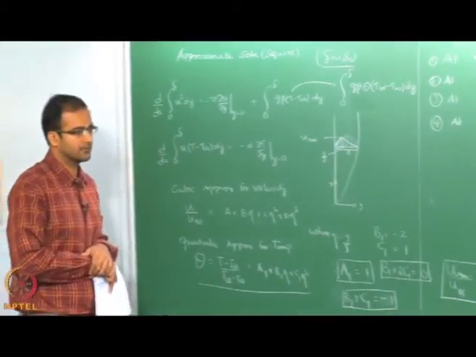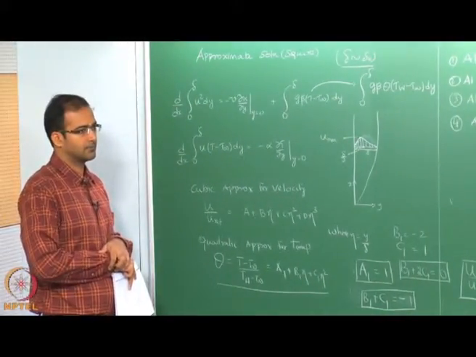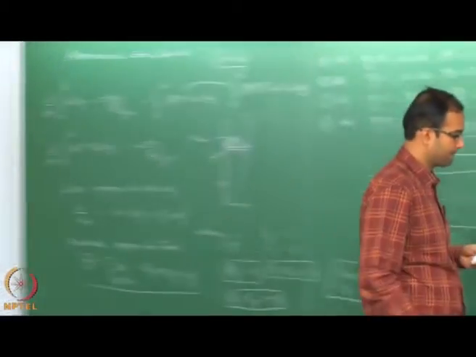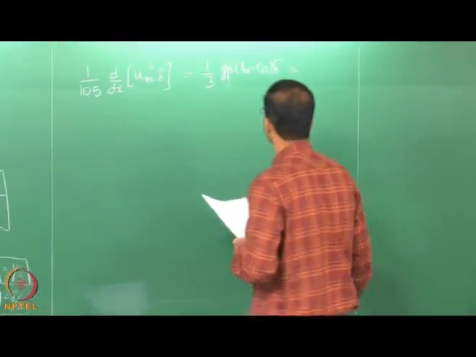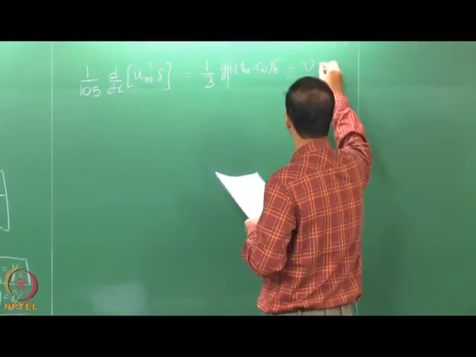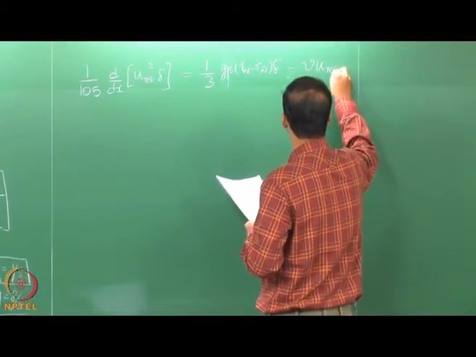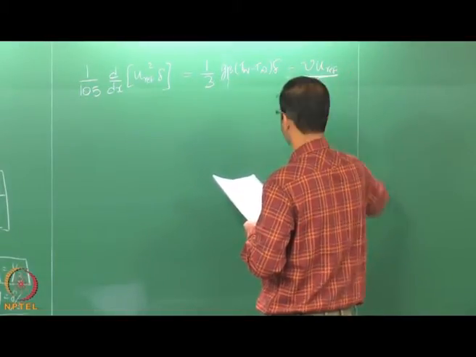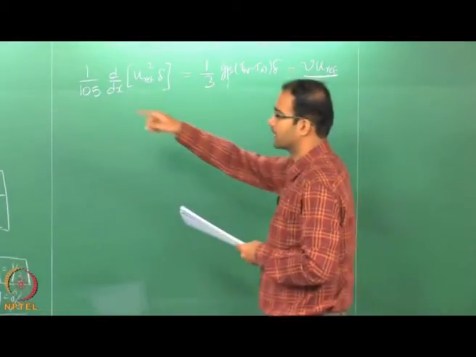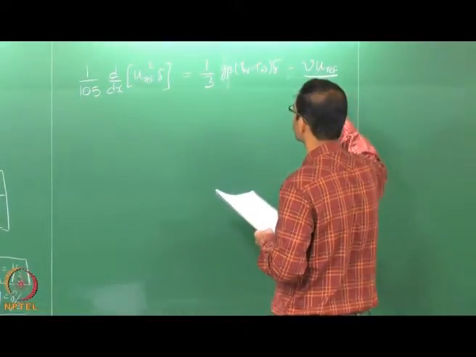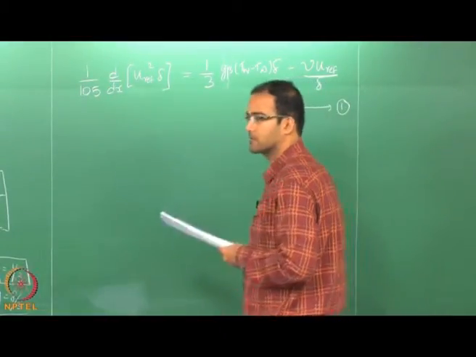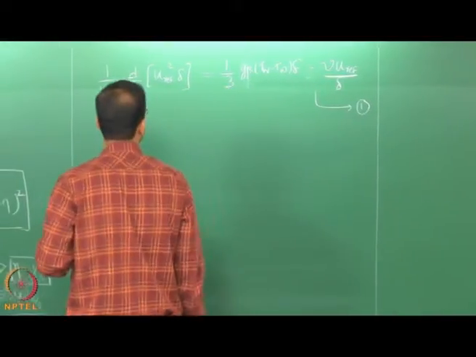Eta equal to 0. So you will get minus nu into u ref by delta, in terms of du by dy.